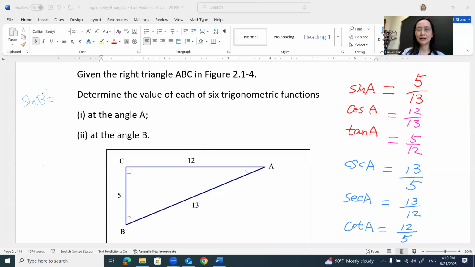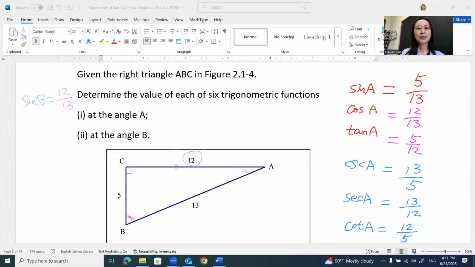We use that definition for acute angle, right? Sine at this acute angle is the opposite. So first of all, we need to identify which one is the side opposite the angle B. So here's B. 12 is the side opposite angle B. So for B, it will be 12 over hypotenuse, 13.